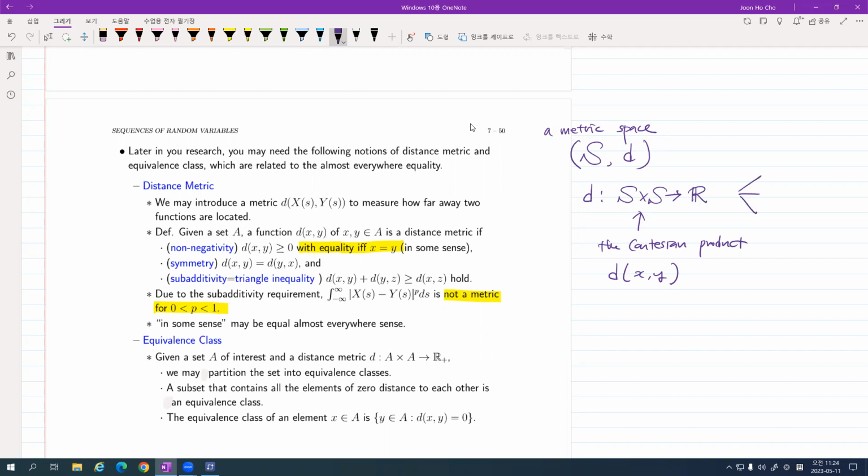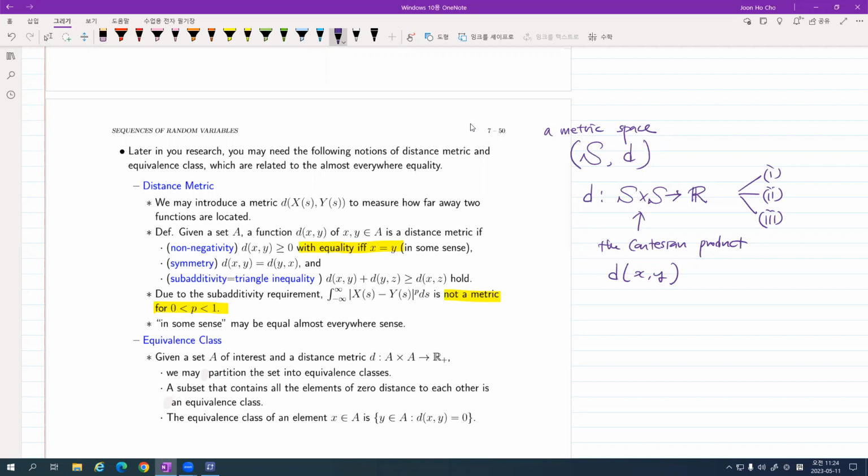Mathematicians have found three properties that a metric D must satisfy to be a distance metric. So this is not just any function. It must satisfy some properties for the duet to be a metric space.